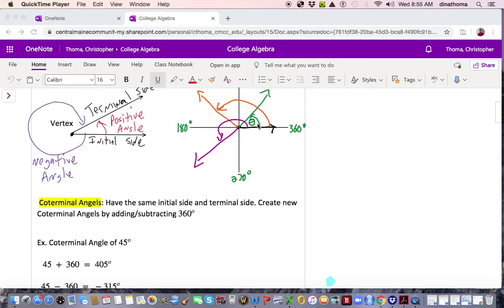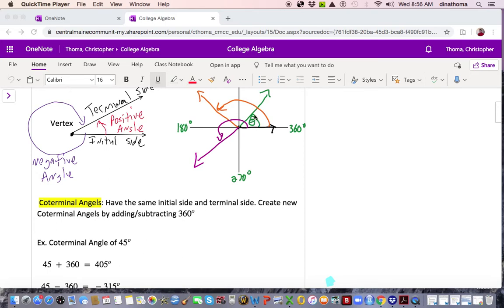If we go in a complete circle and bring it all the way back around, we're still at the same terminal side. So if I take 45 and add 360 to it, I get 405 degrees. I've gone all the way around. So a coterminal angle of 45 is 405.